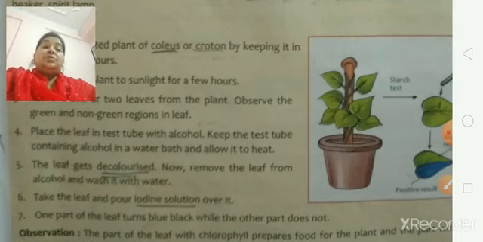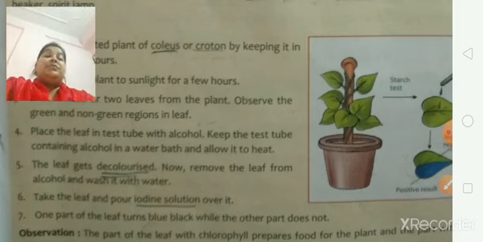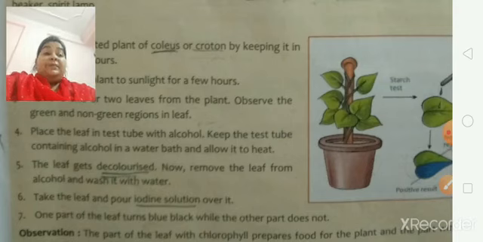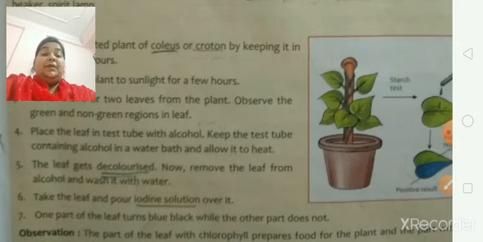You also know that starch is used for performing experiments, so we have to take care that the starch is eliminated if we keep the potted plants in a darker room.